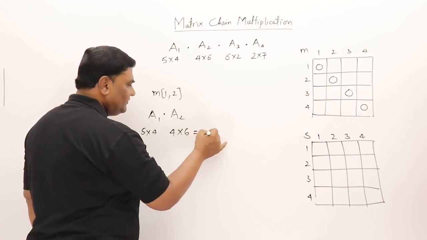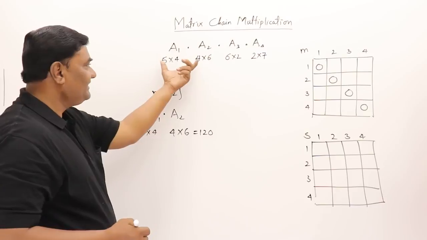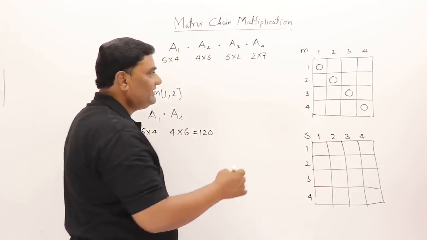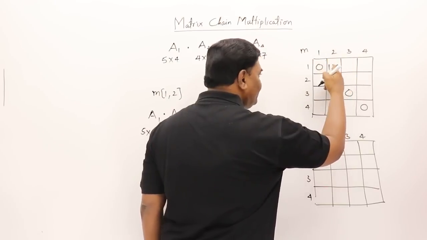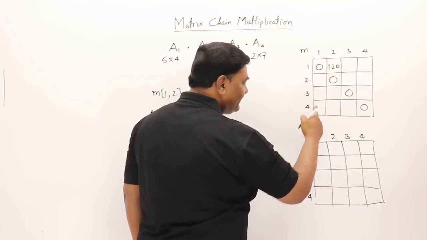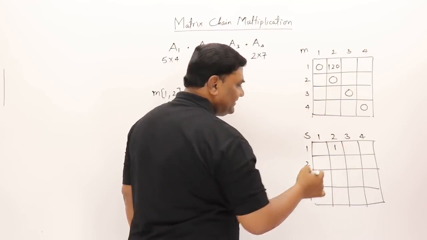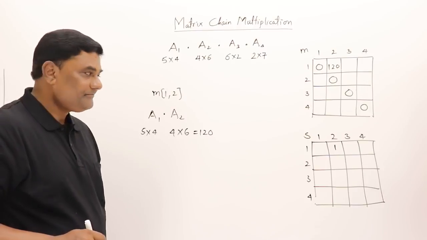This is 120. So M of 1 comma 2, that is multiplying this pair of matrices, is 120. So here I write 120 as the first value, and for this 1 with the 2 I multiplied, I'll take it as 1. So at the same 1 comma 2 I will write 1. Why I am writing that, I will explain after some time.